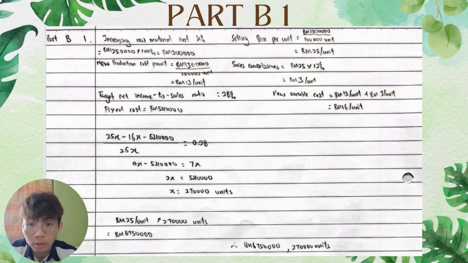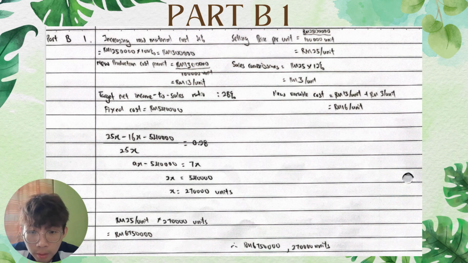So convert into decimal place is 0.28. Then after that we calculate, then we can get x equals to 270,000 units. Then the amount we will get is using 25 per unit times 270,000 units, so we can get 6.75 million.